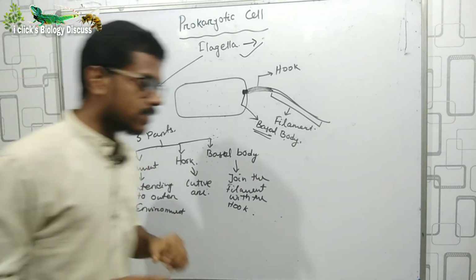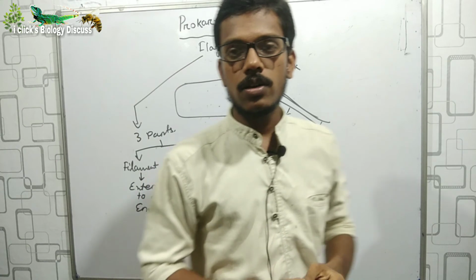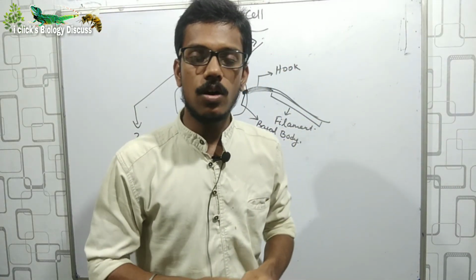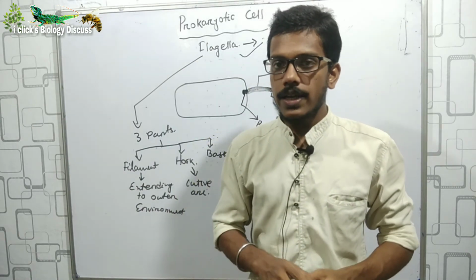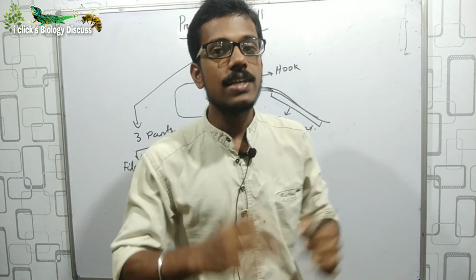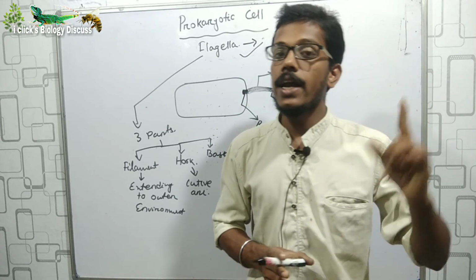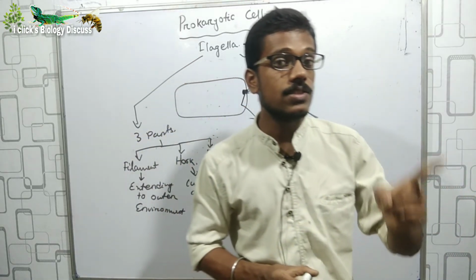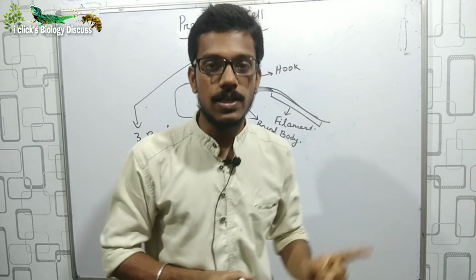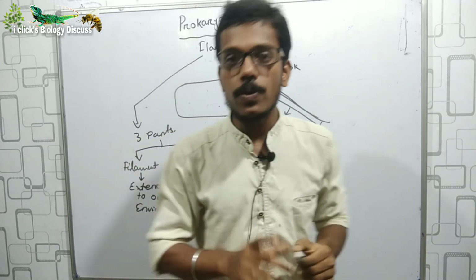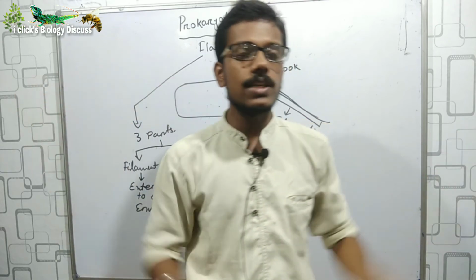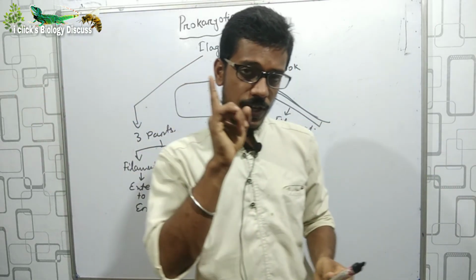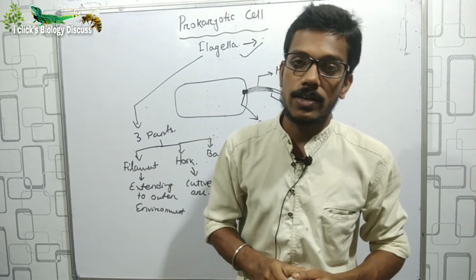In this lecture, we have discussed the types of cells on the basis of the presence of flagella, their number and their arrangement. An atrichous bacteria or cell lacks flagella, with absence of flagella. If there is a single flagellum, it is called monotrichous bacteria.